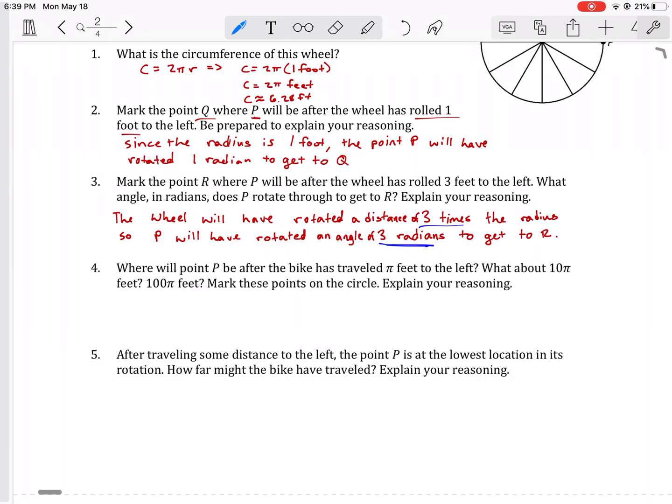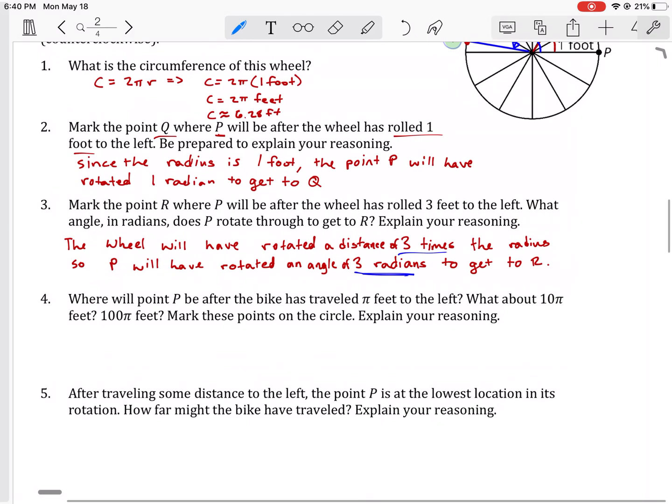Alright, number 4, this time where will point P be after the bike has traveled pi feet to the left? 10 feet, or 10 pi feet, and 100 pi feet. I encourage you to pause the video and try to mark those points too.